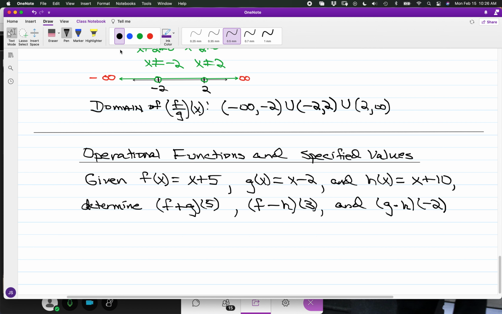I'm going to show you some avenues here. First of all, in the case of f plus g of 5, what I can do is translate this out, just to set things up.